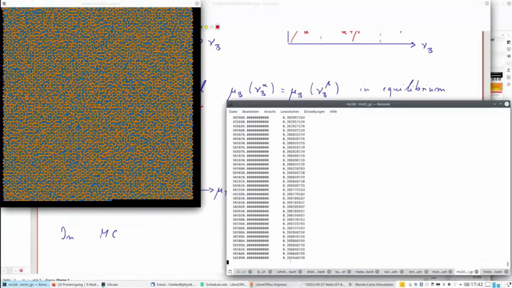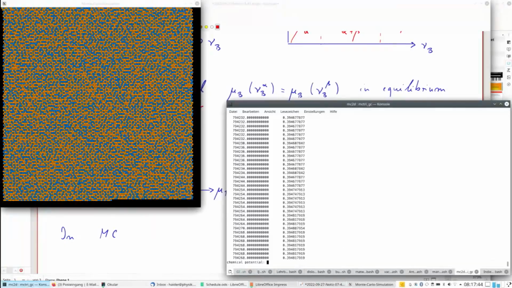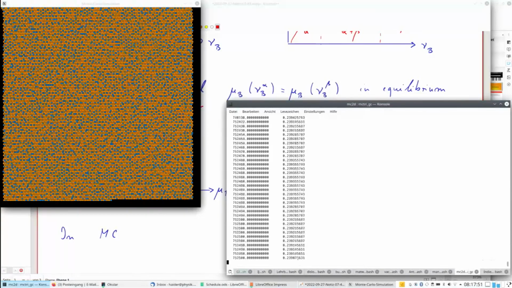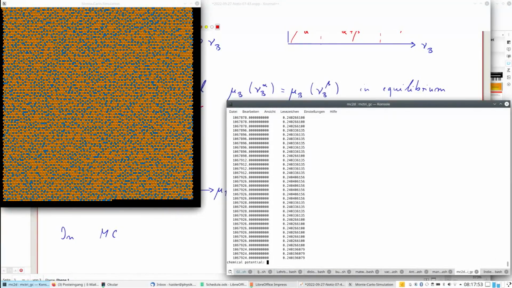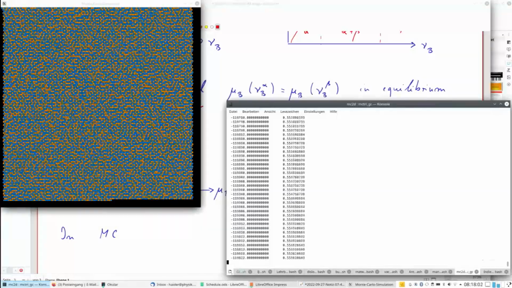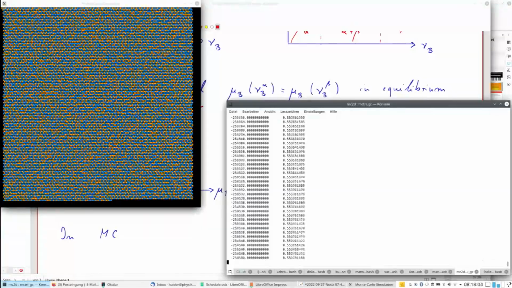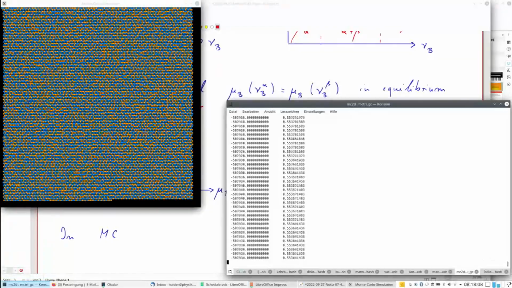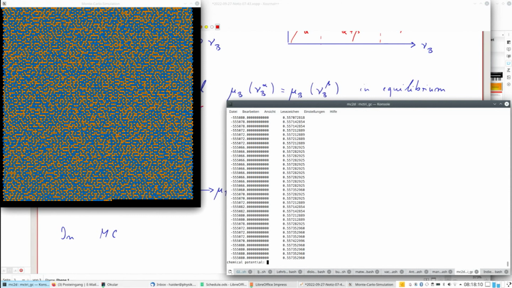Now we are here at a concentration of 0.319. Here 0.25. And now I can go to a positive value, then the blue atoms should dominate. Here we are at 55%. But I think this temperature probably is a bit too high. So you should also get these ordered structures here on this triangular lattice.